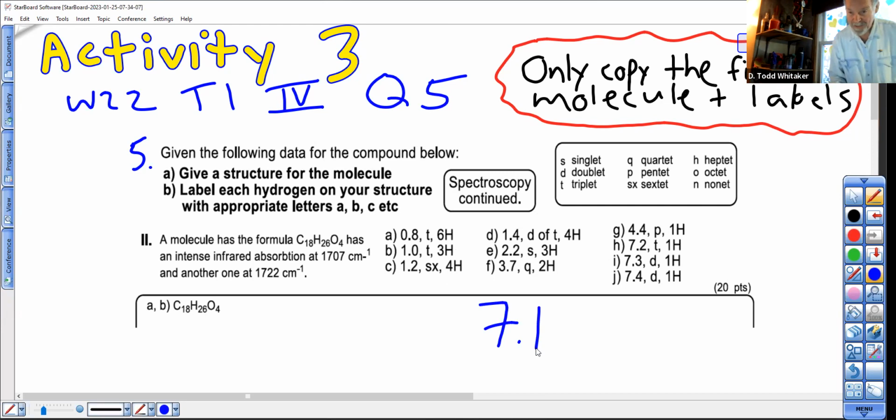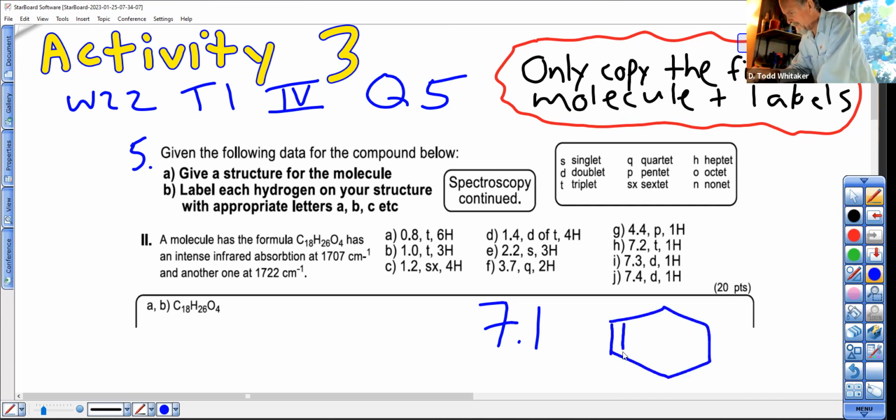There are other peaks at 7.1, but in this area of the universe, it almost always means benzene. And that is a lot of carbons right there.